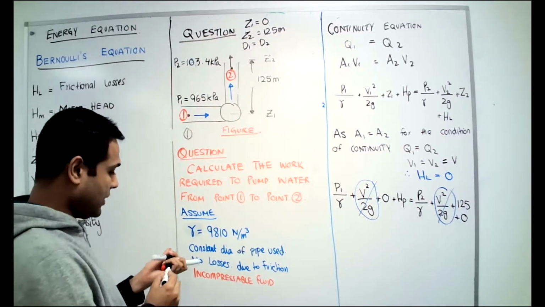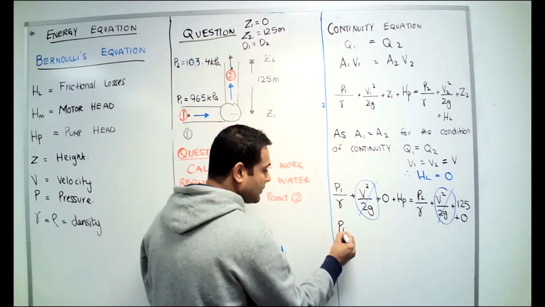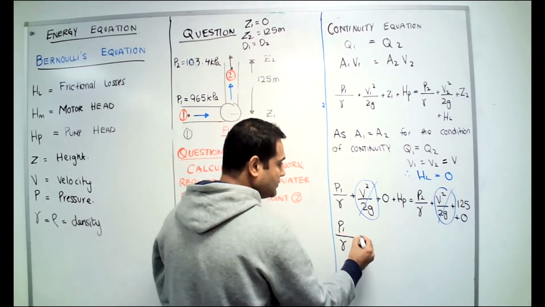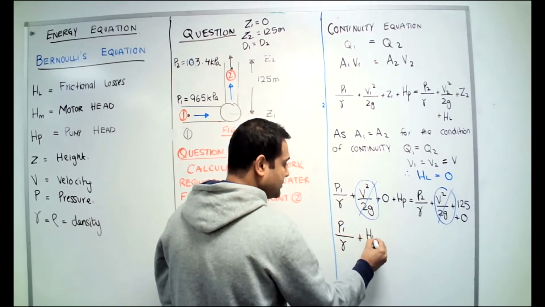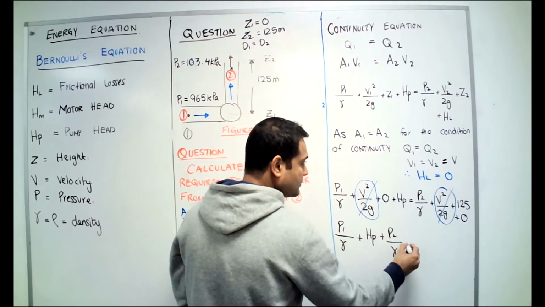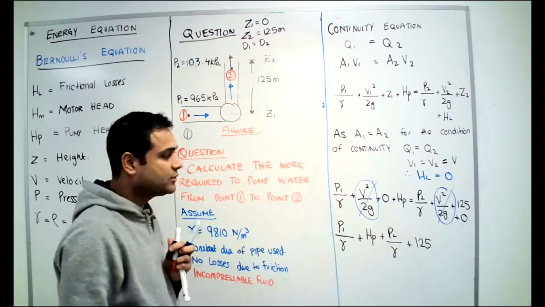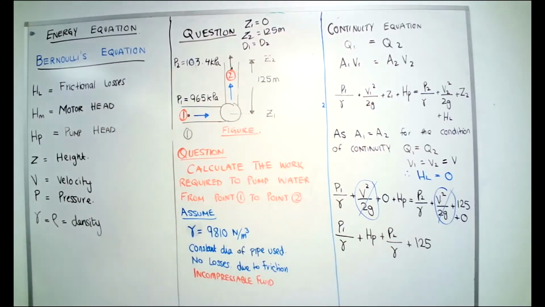So the equation will become P1 over gamma plus HP plus 0 equals P2 over gamma plus 125. I missed the equal sign.